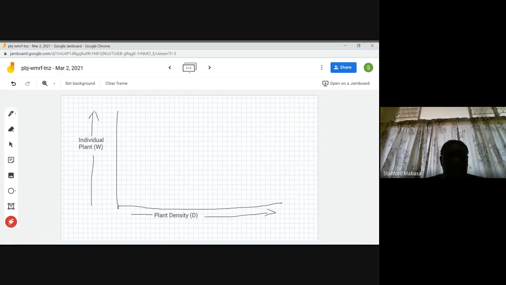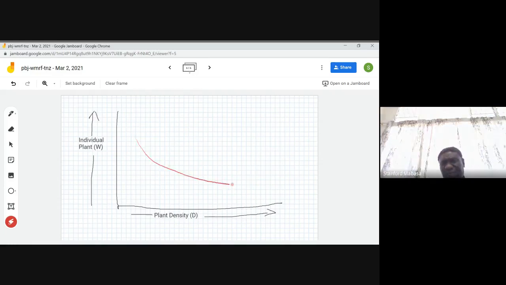Remember, when we were dealing with the first graph, when we increase plant density, our yield was going like this. But when we deal with one plant, we get this sort of a curve instead of this curve.